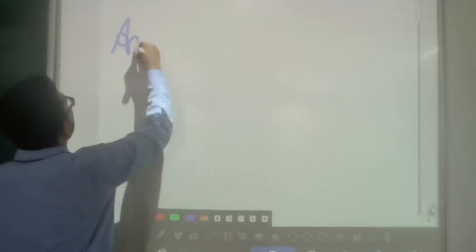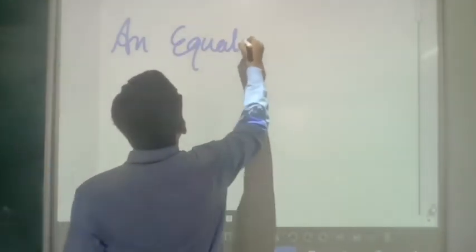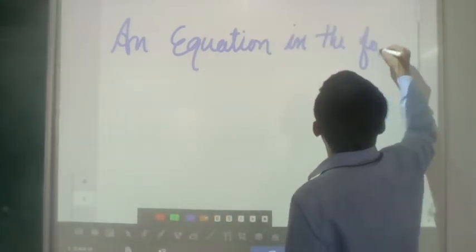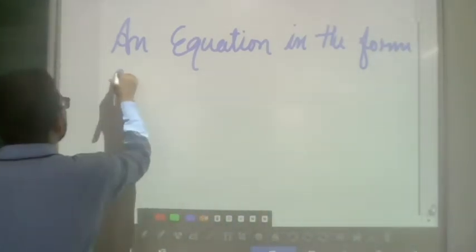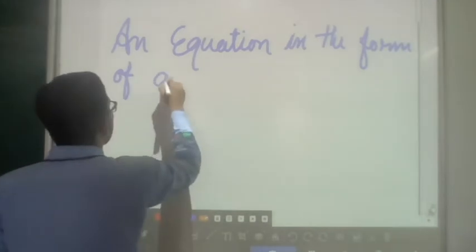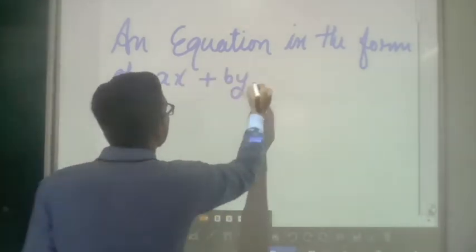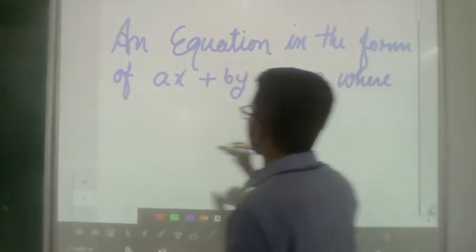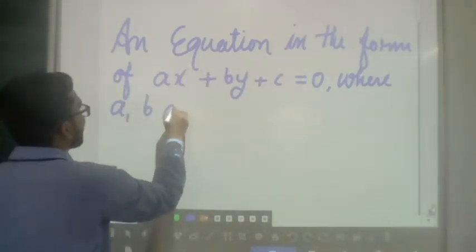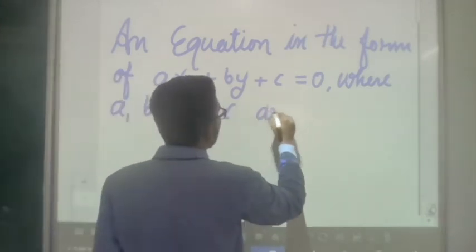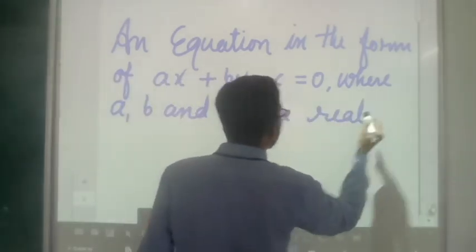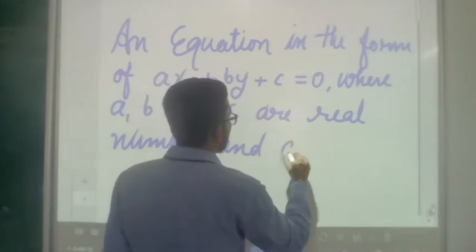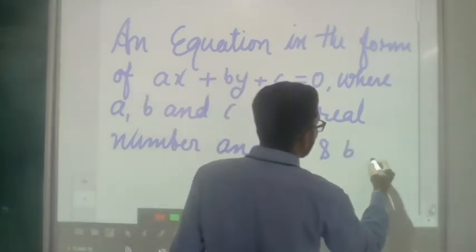An equation in the form of ax plus by plus c is equal to 0, where a, b and c are real numbers, and a and b are not equal to 0.